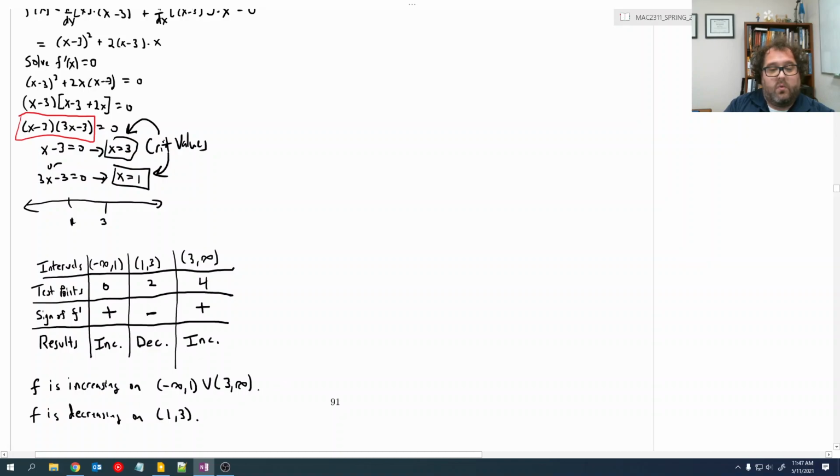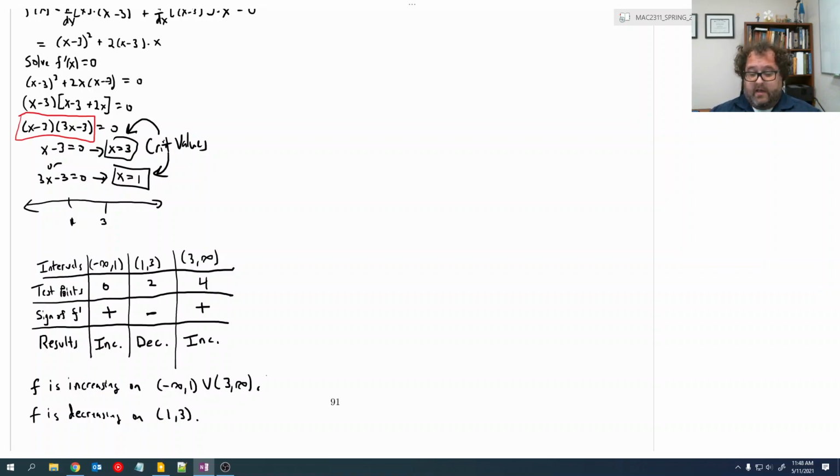And there you go. We have found the intervals of increase and decrease. And in the near future, we'll talk about using this to graph, to curve sketch. But for the time being, there are the intervals of increase and decrease. We know where the function's rising from left to right and where it's falling from left to right.